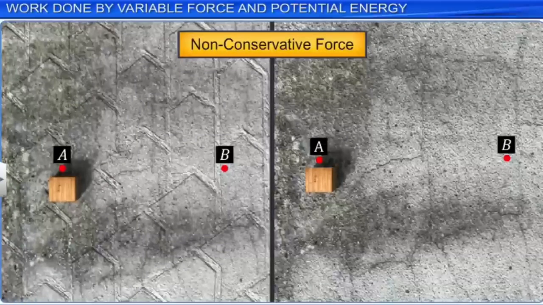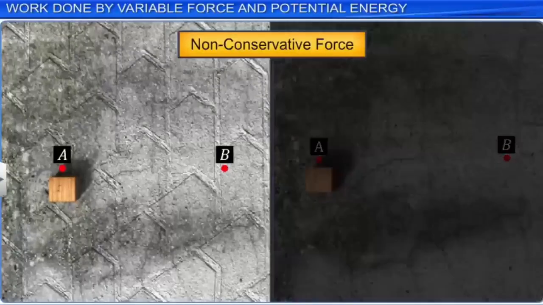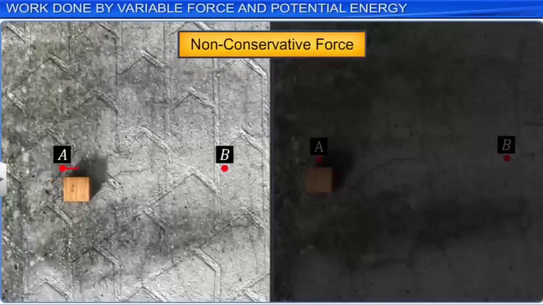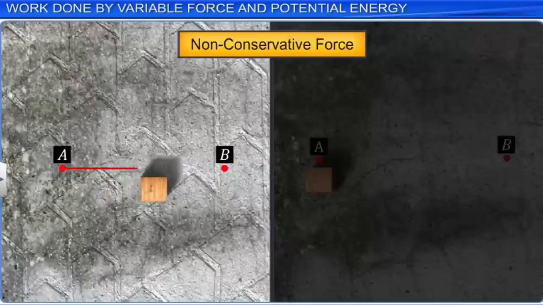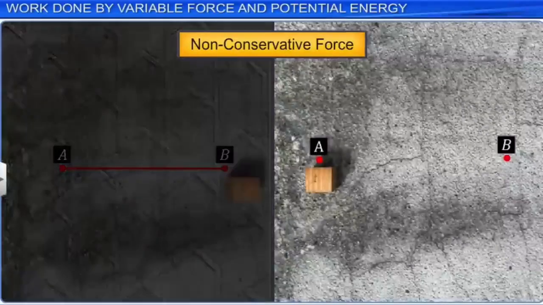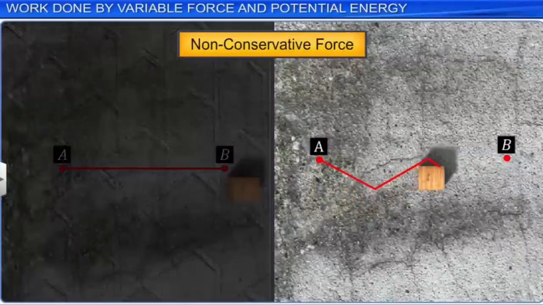Consider a box placed on a rough surface and moved through different positions A and B in different paths. In the first case, the box is moved along a straight path from A to B as shown. In the second case, the box is moved along a zigzag path from A to B as shown.